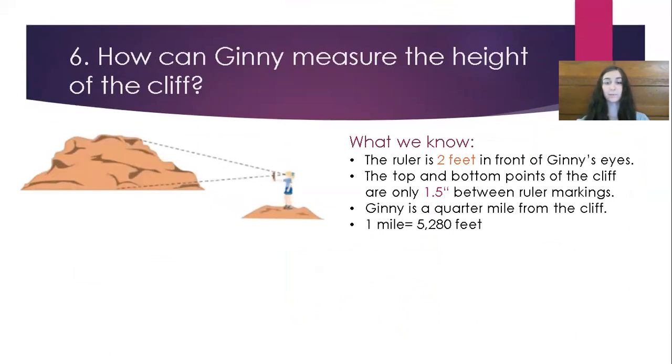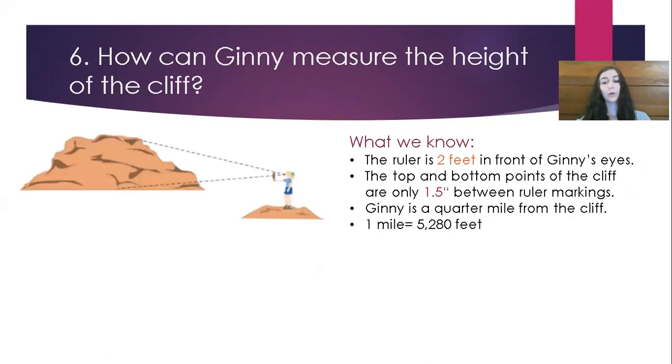Now the top and bottom points of the cliff, so right here, the top and bottom of the cliff are only 1.5 inches between ruler markings. So when she's looking at it on the ruler, it's only 1.5 inches tall. Now Jenny is 1/4 mile away from the cliff when she is taking these measurements, and they also tell us that 1 mile equals 5,280 feet.